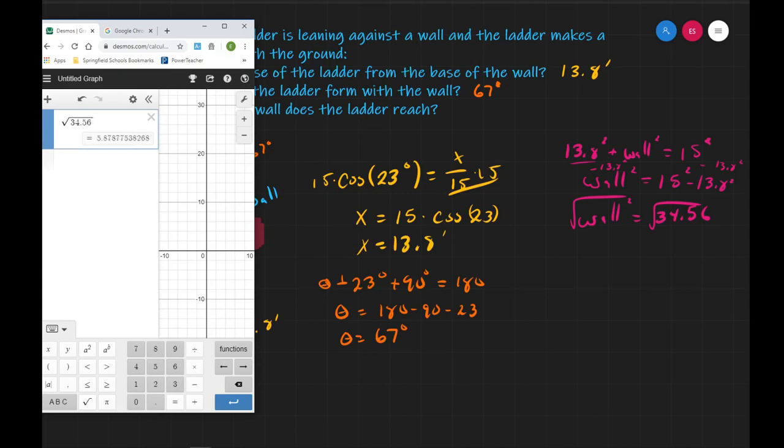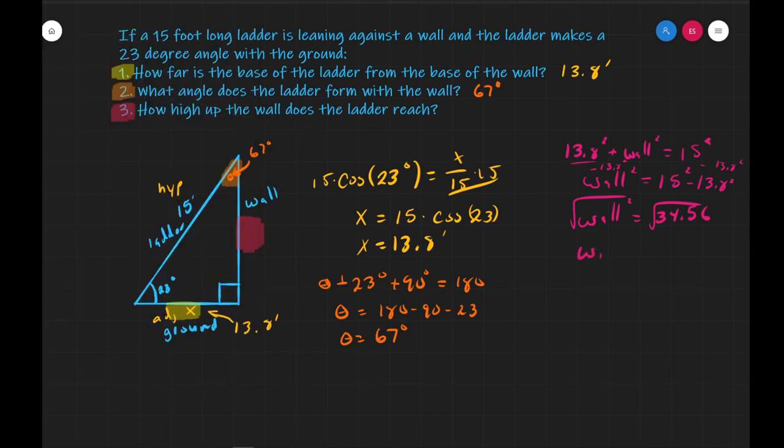So we get that our wall height is about 5.9. The wall is going to be about 5.9 feet, and our ladder reaches 5.9 feet up our wall.